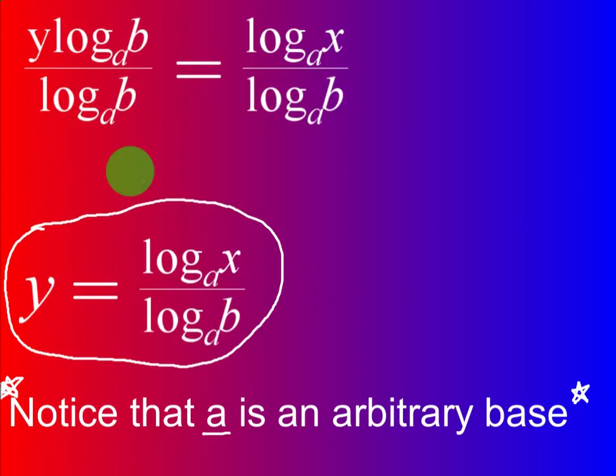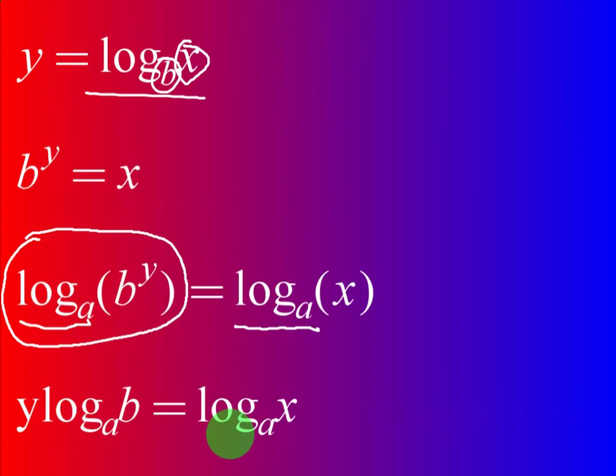When you divide both sides by log base a of b, you get y equals log base a of x over log base a of b. So you can simply change your base to any number a and plug in x for the first log and b for the second log.